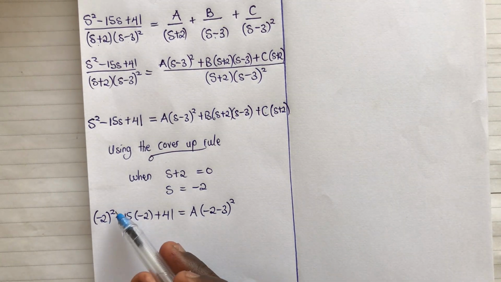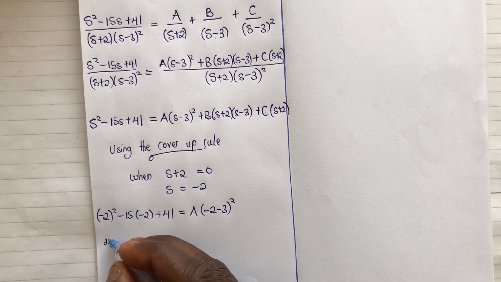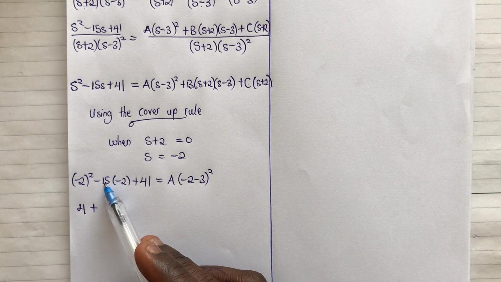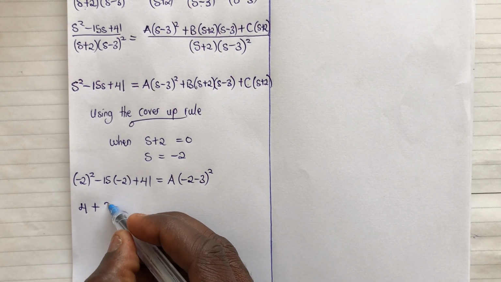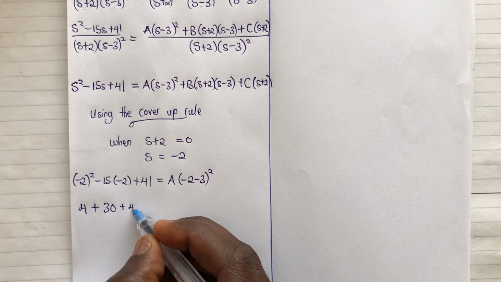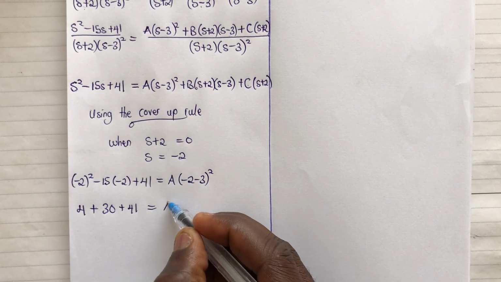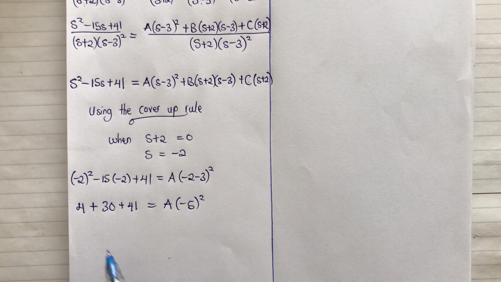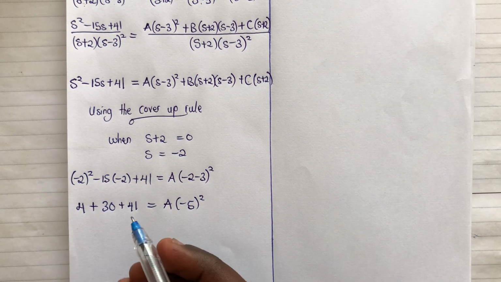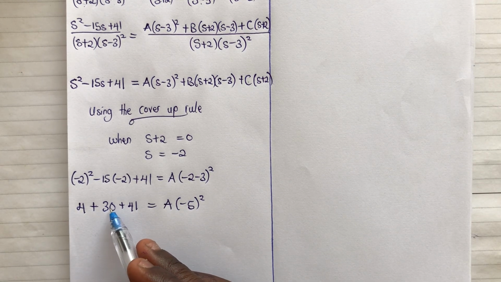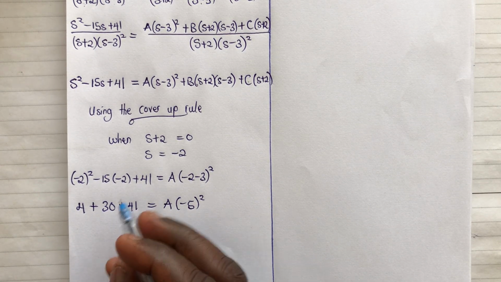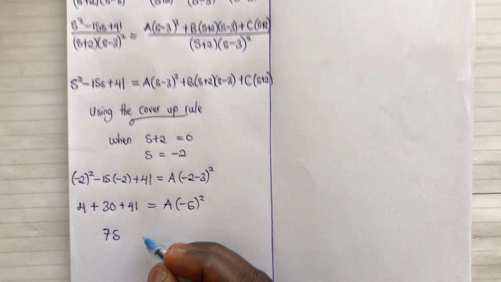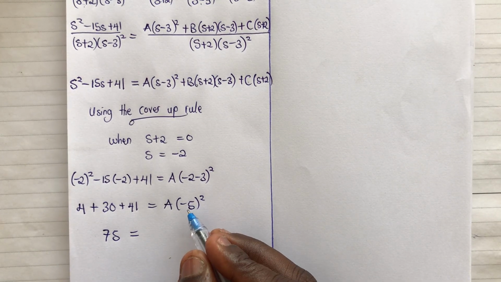So now when we square this side, we have 4 plus negative 15 times negative 2, we have 30 plus 41, giving us A into negative 5 all square. Okay, now when we add all this side, 4 plus 30, that is 34 plus 41, we have 75 equal to negative 5 square.